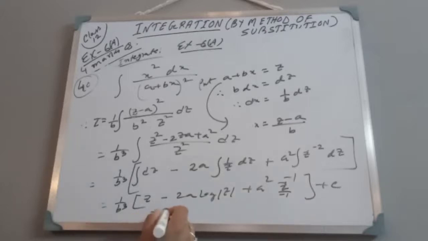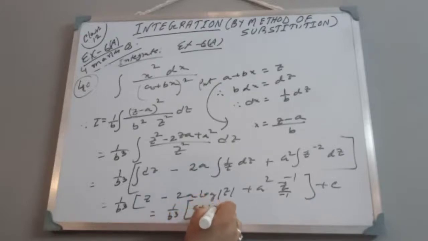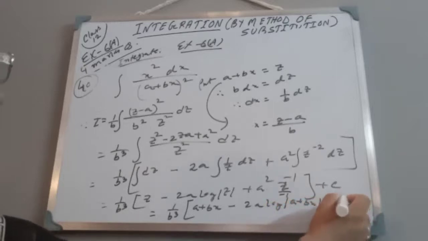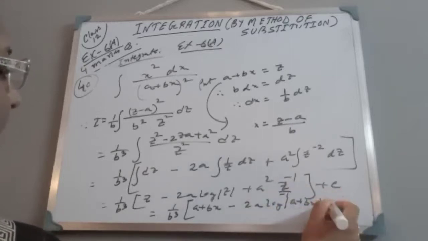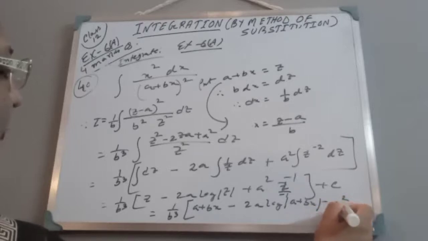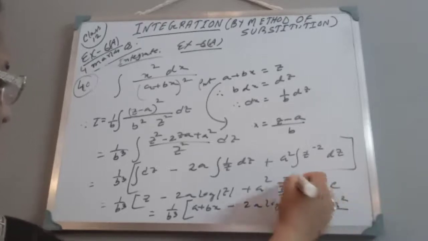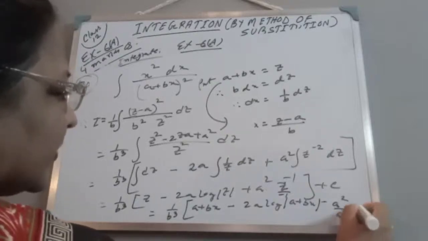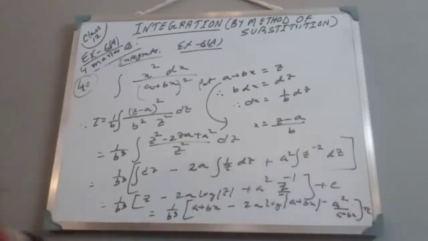Then it is coming 1 by b cube, z means a plus bx, minus 2a z, plus a square, plus minus make it minus, so it is coming minus a square by z, z to the power minus 1 is there, so minus a square by a plus bx plus c. Okay. Next sum number 43.